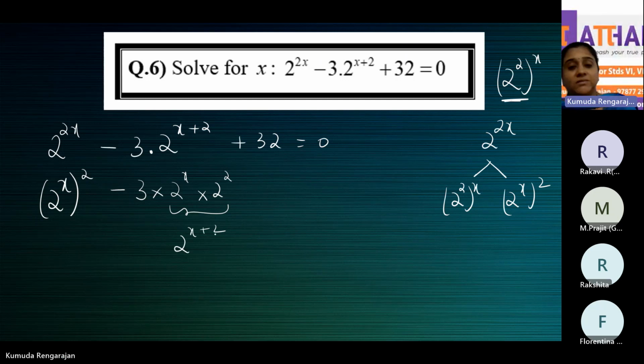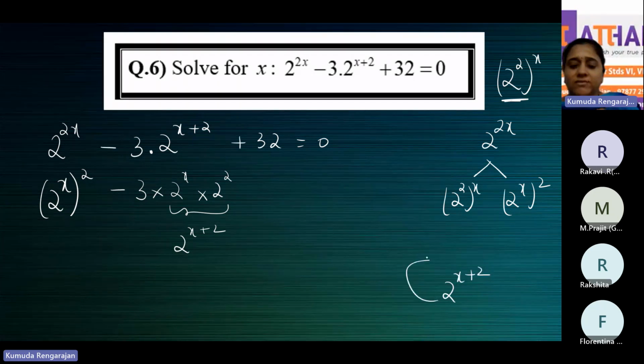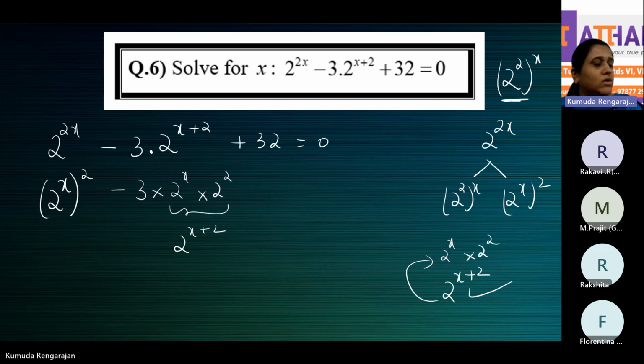We're writing the previous step. If you want to write the earlier step, the power is x plus 2, so write it separately: 2 to the power x into 2 to the power 2.